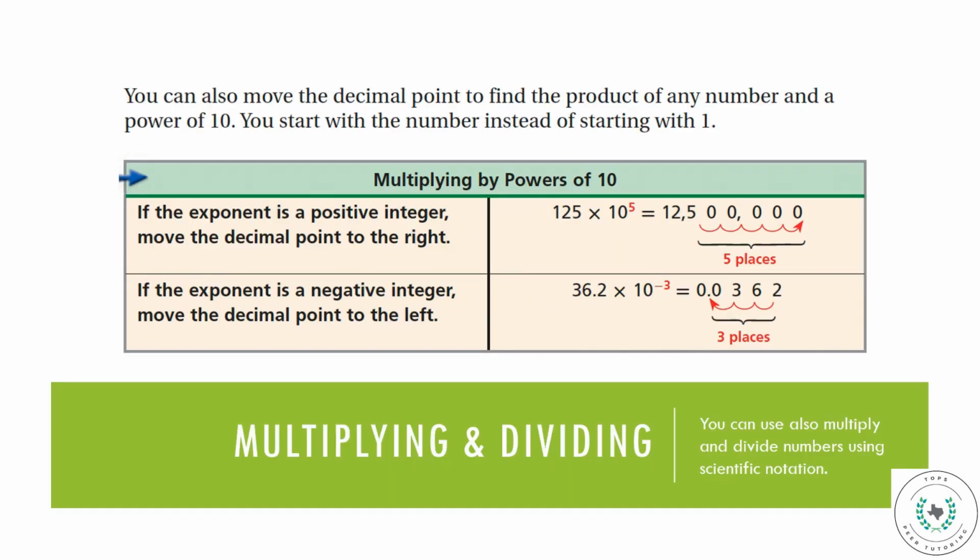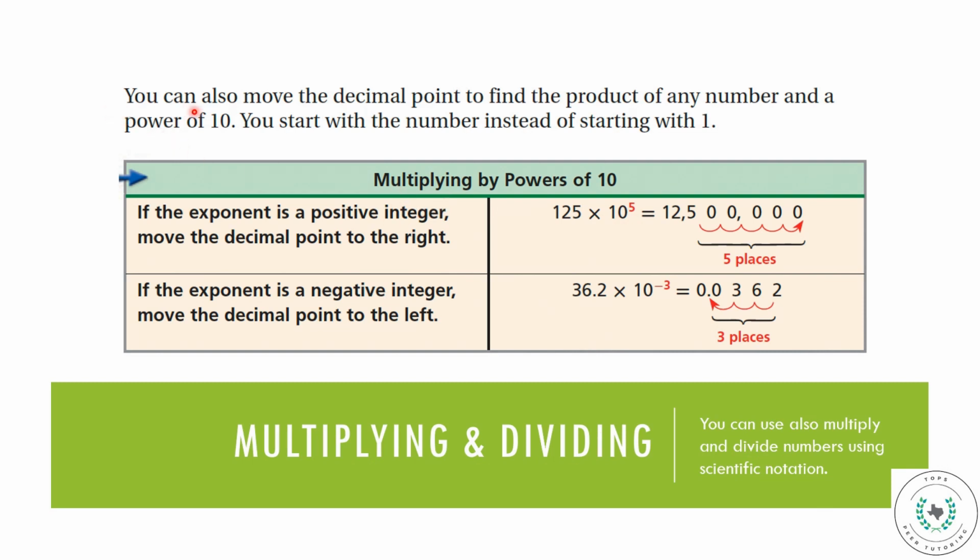Alright, now moving on to something slightly more complex. Now we're going to be incorporating what most people think of when they think of scientific notation, and that is this format, where you have some number times a power of 10. This is also known as multiplying or dividing powers of 10. In this case, we're only going to be talking about multiplying.